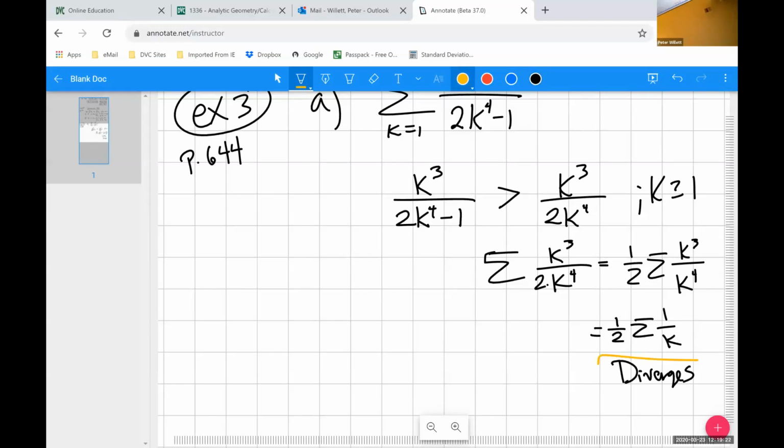So this one diverges, which means that since this one is bigger, this diverges by comparison.